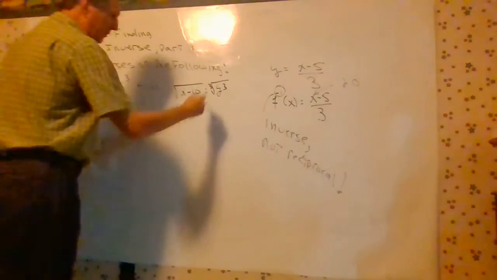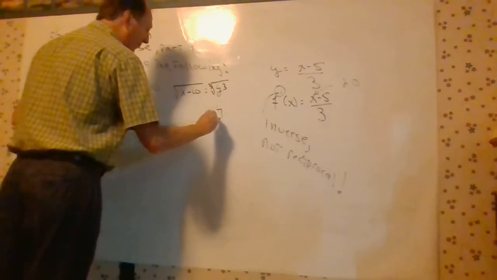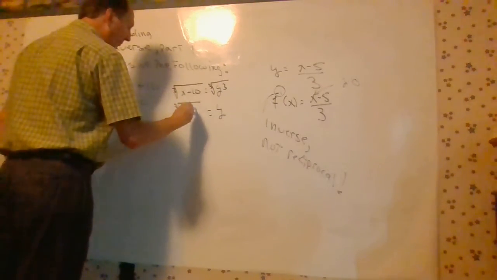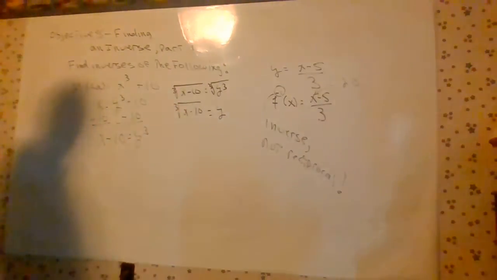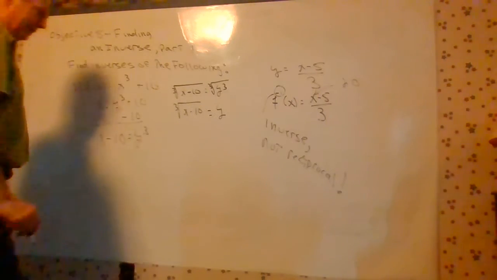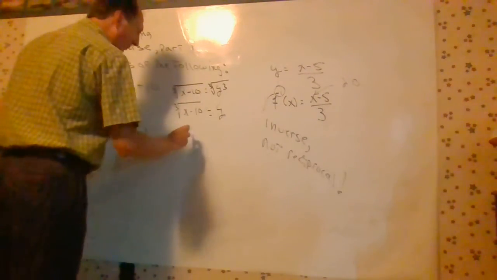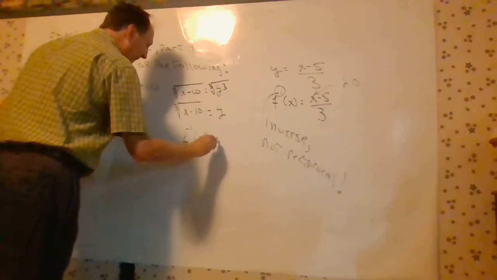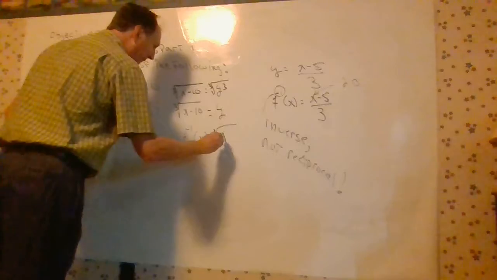And of course, the cube root gets rid of the cube, so we have y equals, I forgot a cube root there, pretty important, cube root of x minus 10. And you can reverse that, and for y, again, we'll say f negative 1 of x equals cube root of x minus 10.